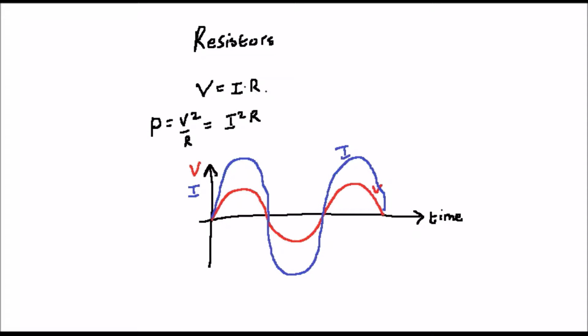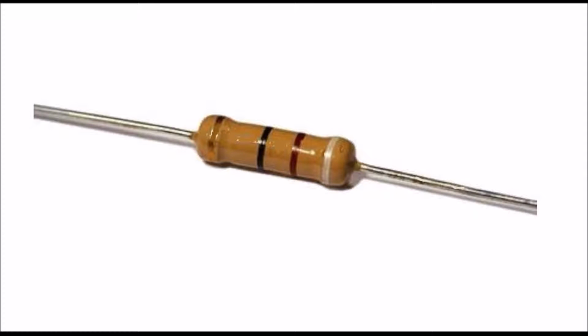Sometimes it's necessary to add extra resistance into a circuit, and we can do this by adding a special component called a resistor. This is made from a material with a high resistance, often a type of carbon, or for high-powered types, a high-resistance wire.